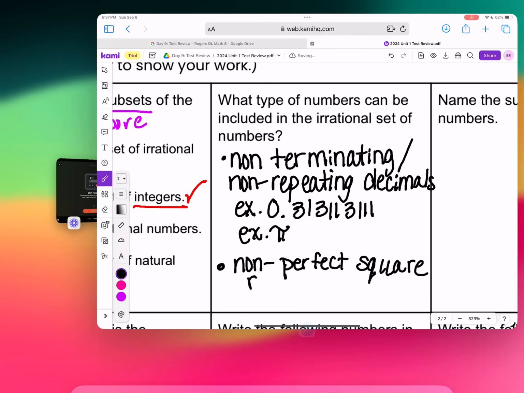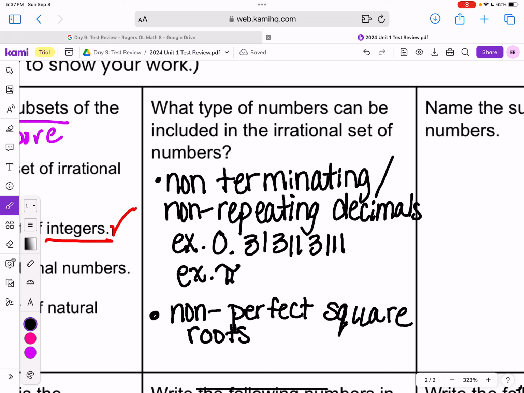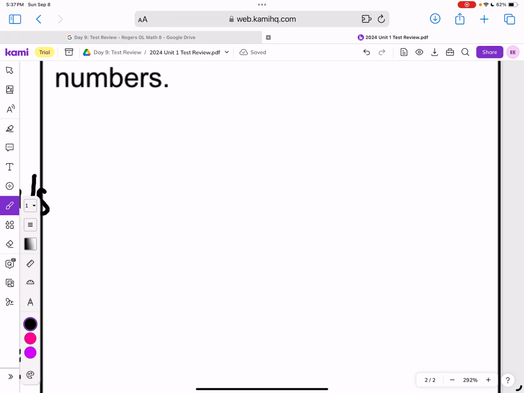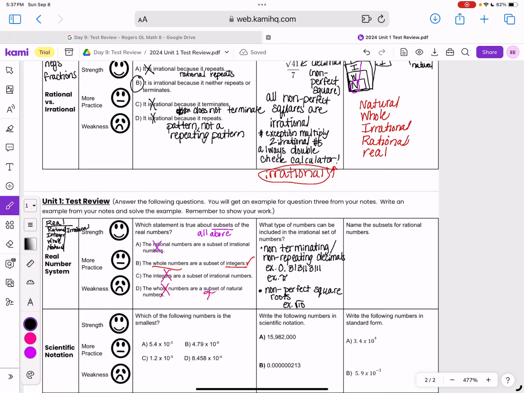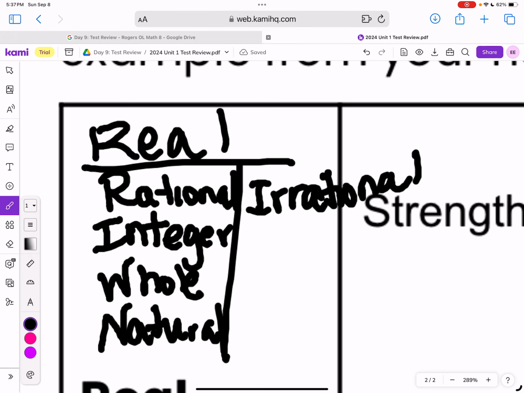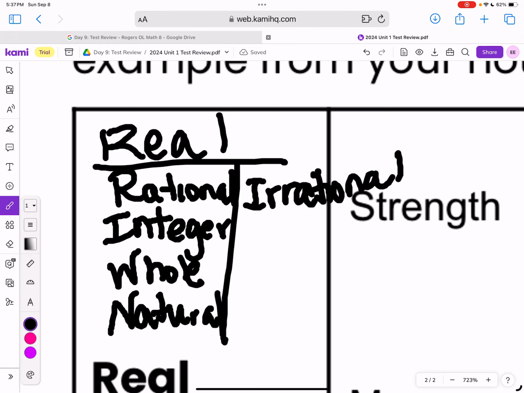Okay, last question. Name the subsets for rational numbers. All right, so we want to take a look at everything below rational numbers, okay?